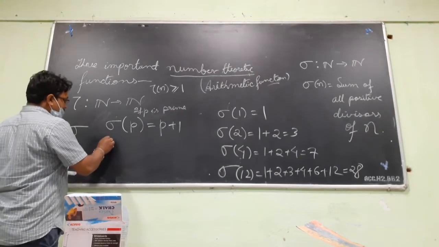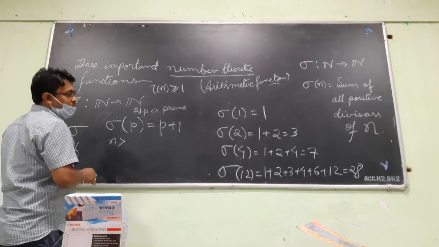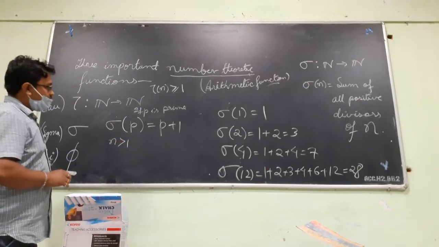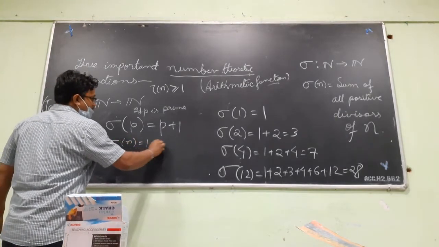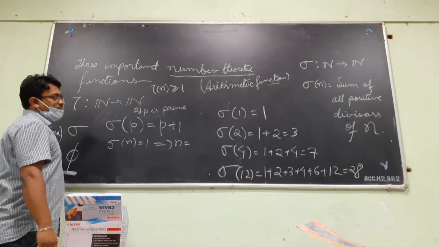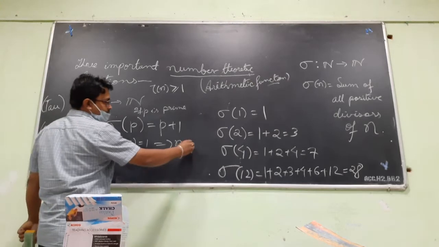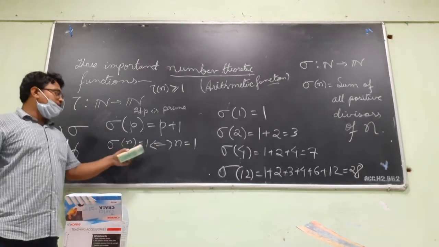Okay, in general, if sigma of n equals 1, can I write this implies what? From here, can I write n is what? n is 1. The only number for which sigma of n is 1 is 1 itself.